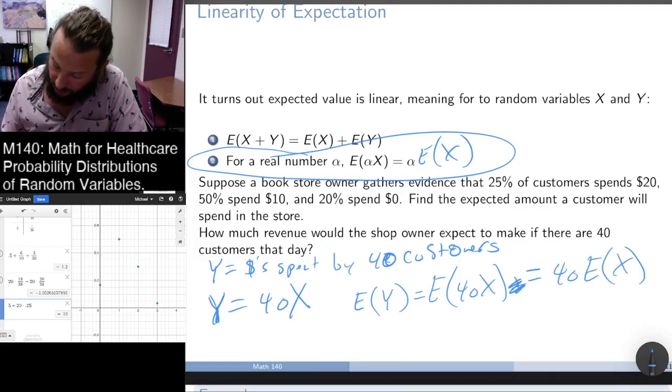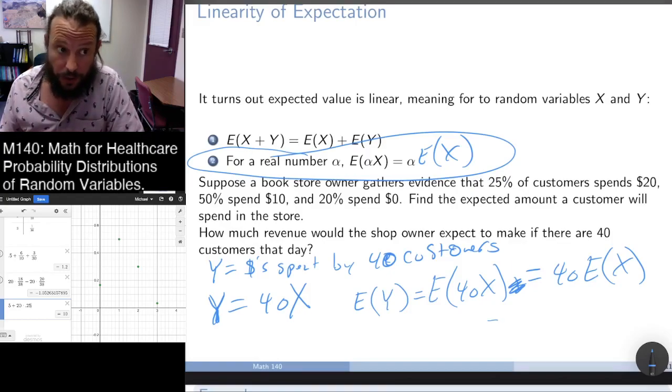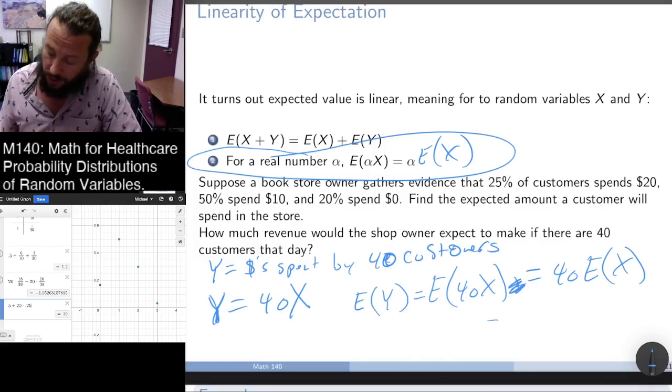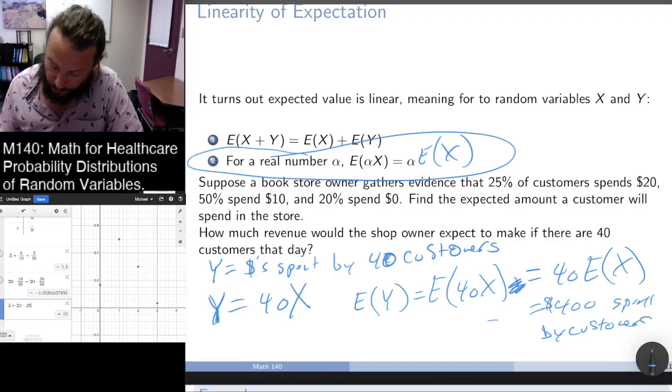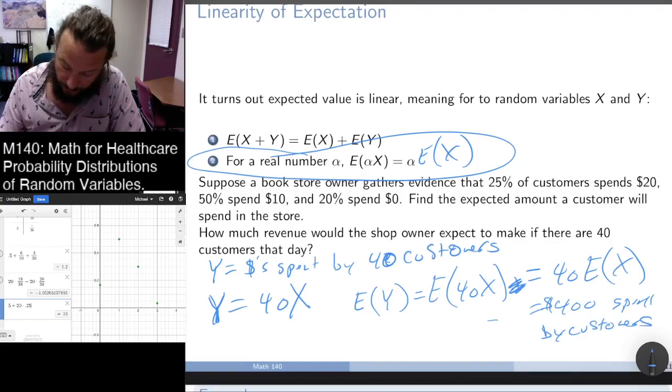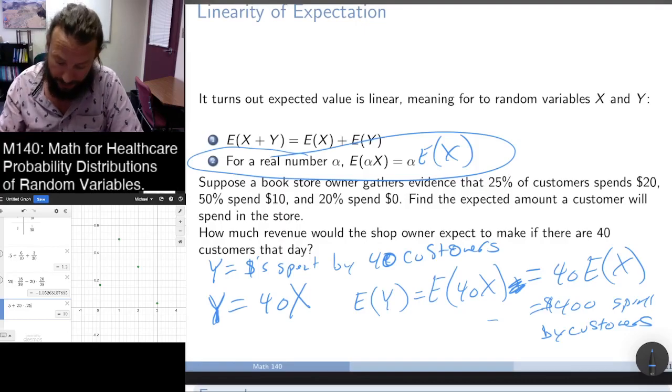And so here looks like we know the expected value. That's just like we did last time. That's going to be $10. So this is equal to $400 spent by 40 customers. Okay. Good. All right. Hopefully that makes sense.